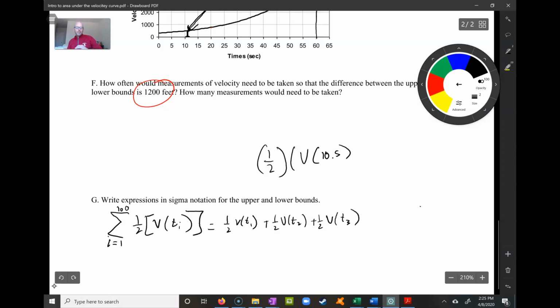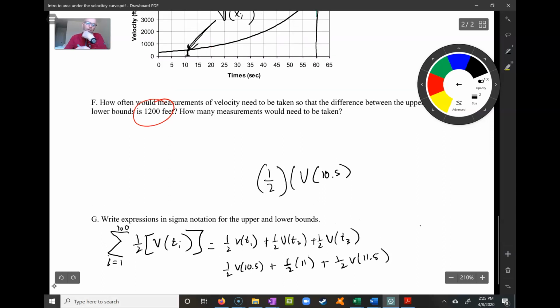So all these little time intervals. So in this case, this would be 1/2 times velocity of 10.5 plus 1/2 velocity at 11 plus 1/2 velocity at 11.5, because you can see each interval I'm going over 0.5, plus ... all the way up to 100.